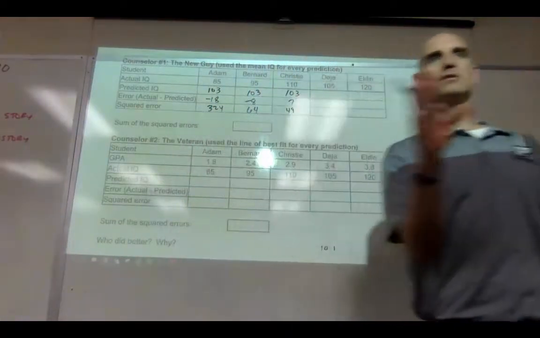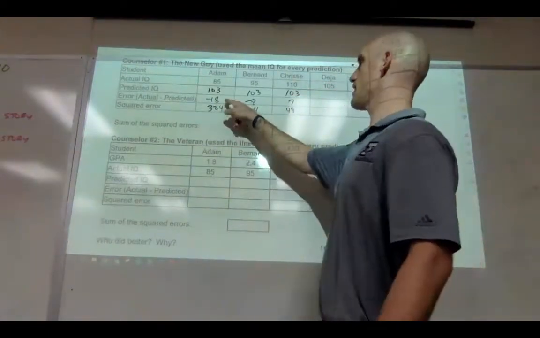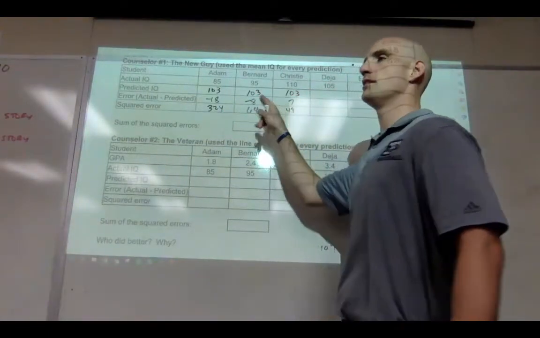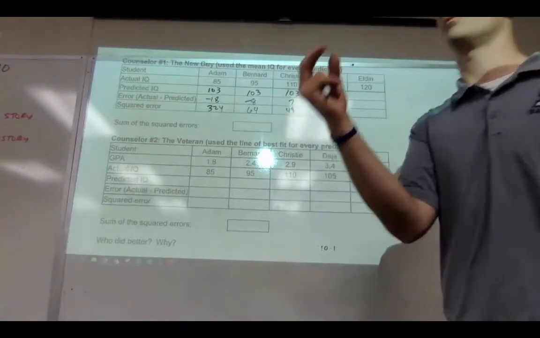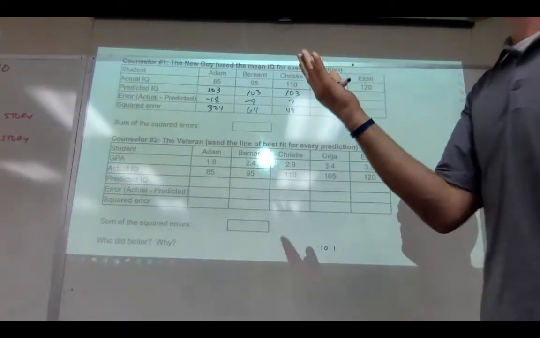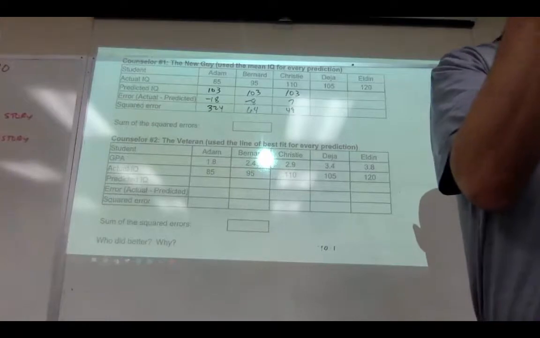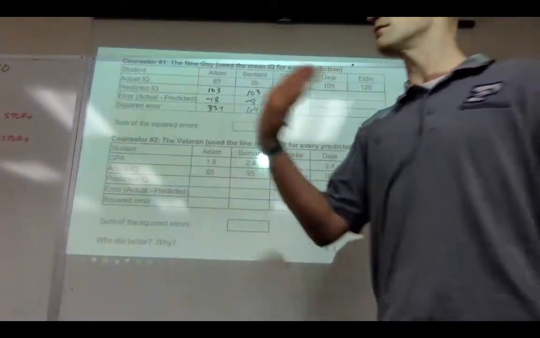Squaring the error allows them not to undo one another. If I just added negative 18, negative 8, and 7, I'd all of a sudden have an error of much less, like negative 19. But that's not actually my amount of error. My amount of error was how much I was off, regardless of above or below.